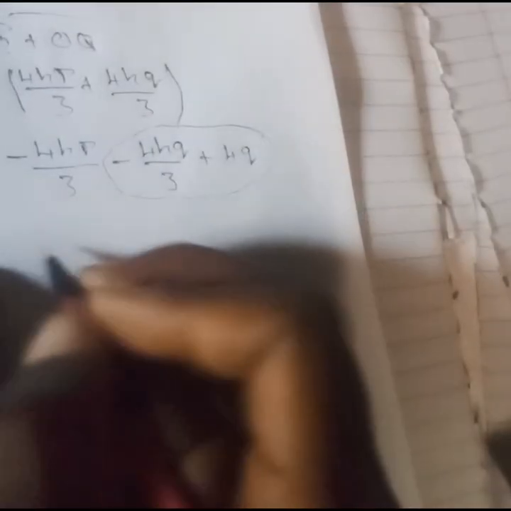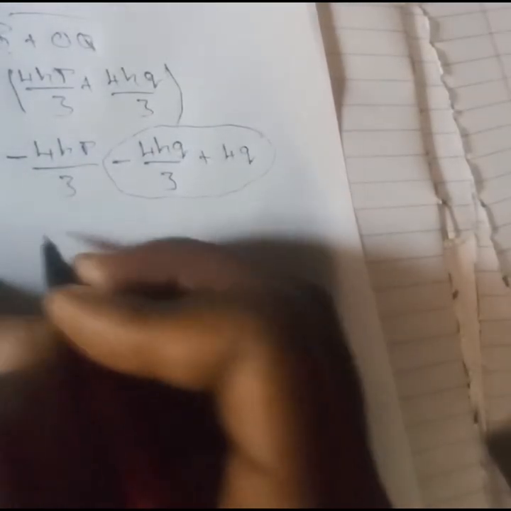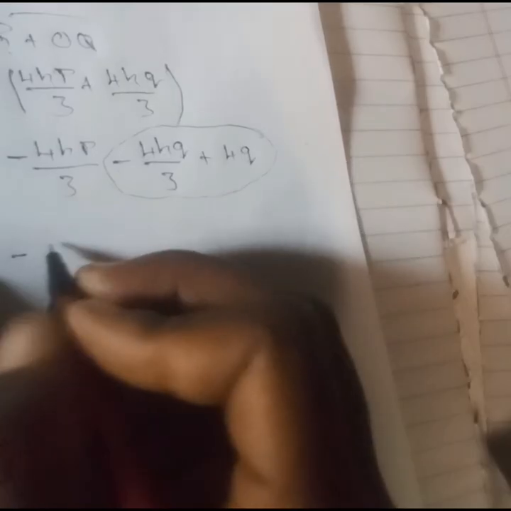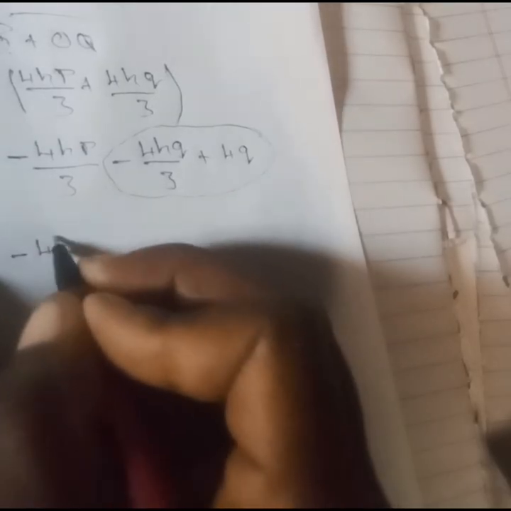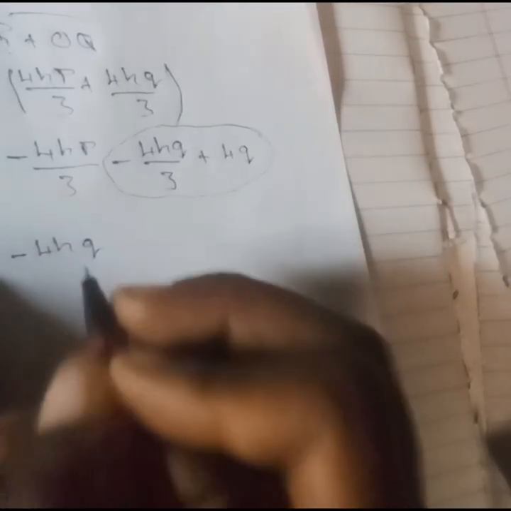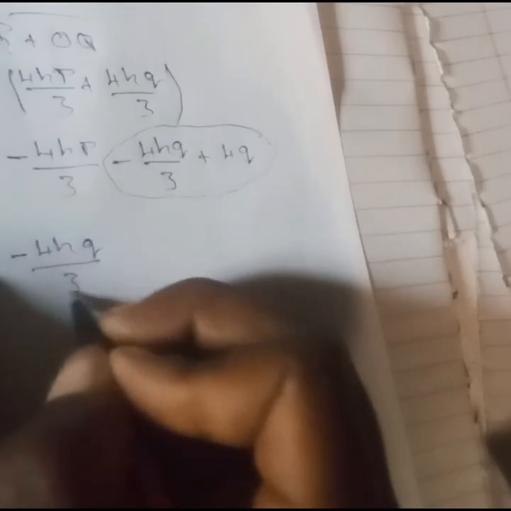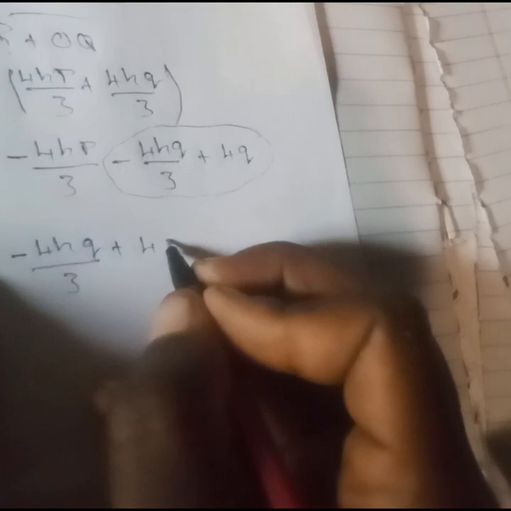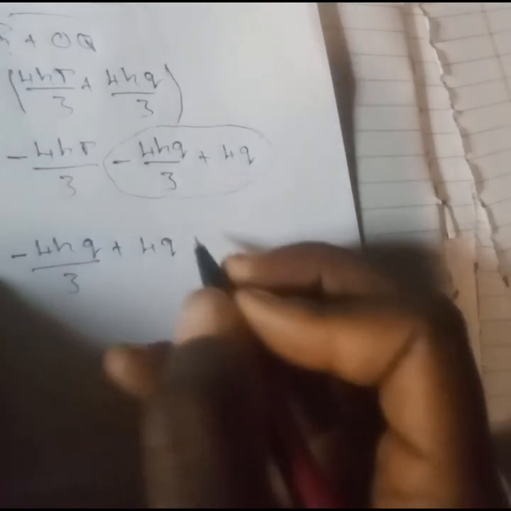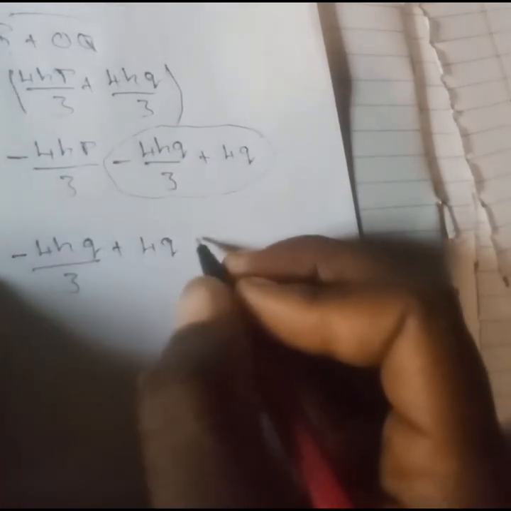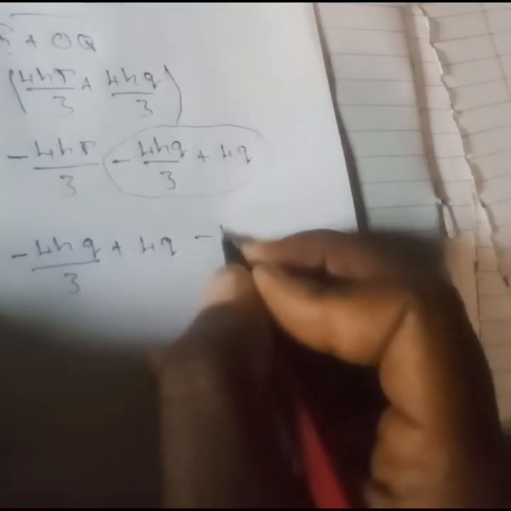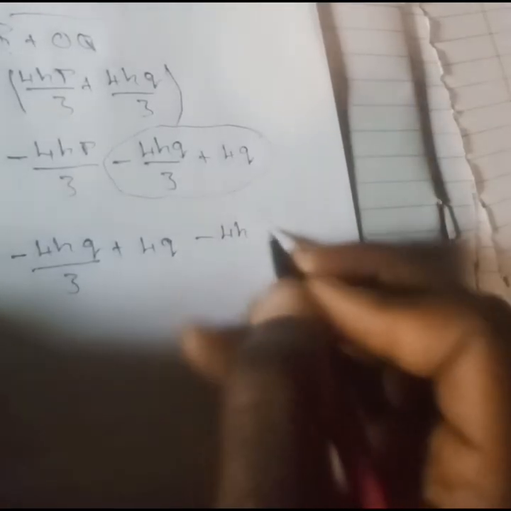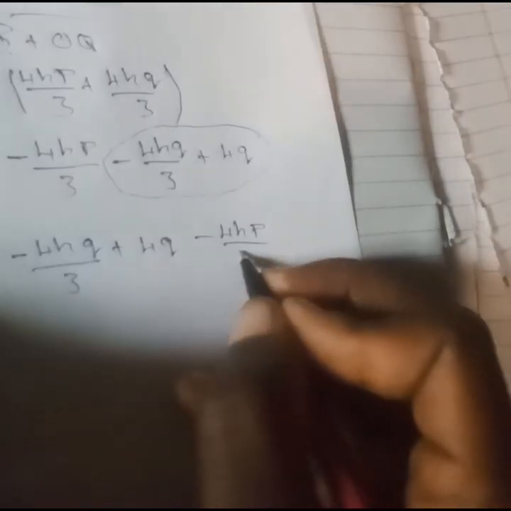So it will be equal to negative 4HQ over 3 plus 4 plus 4Q, then minus 4HP over 3. Then here it's just the matter of factorizing.